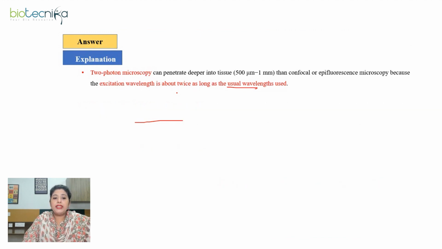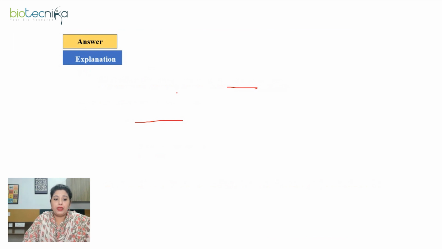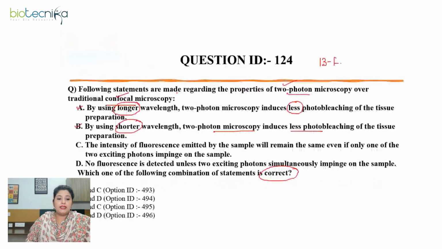Then if you see statement C, statement C says that the intensity of fluorescence emitted by the sample will remain the same even if only one, okay, the keyword here is one, of the two exciting photons impinge on the sample.